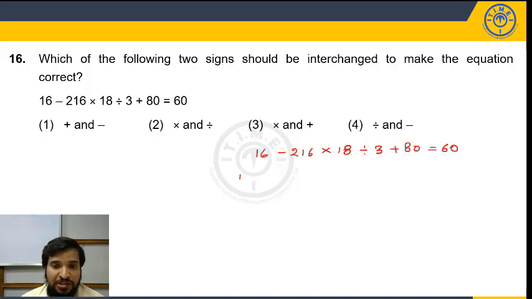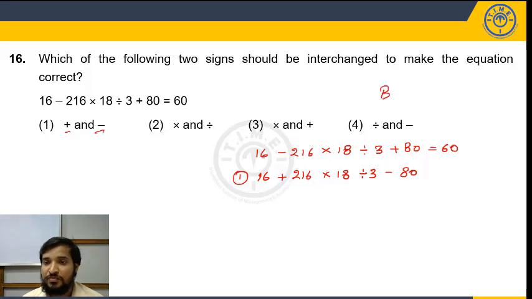Now in choice 1, plus and minus, addition and subtraction, we have to interchange. That means after interchanging, the expression will be 16 plus 216 times 18 divided by 3 minus 80. Now by using BODMAS we have to solve this expression.